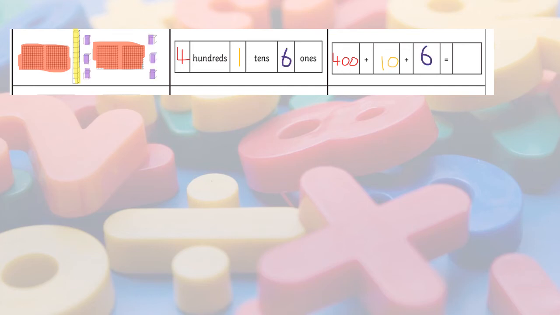There are 6 ones, I've highlighted them in purple, I've written it in the middle section, 6 ones, and I've written it in my numeral algorithm, so I now have 400 plus 10 plus 6. And together that gives me 416, and I've written that in my answer box.